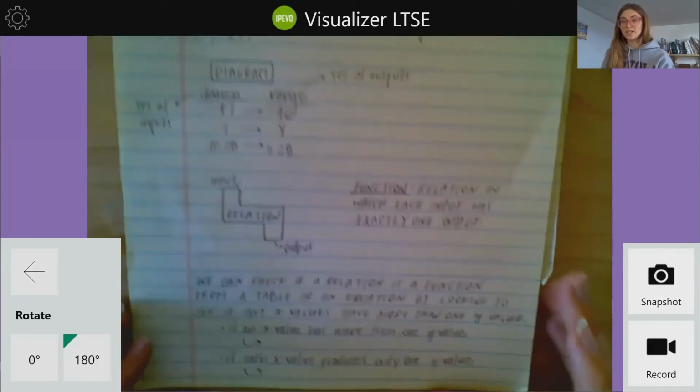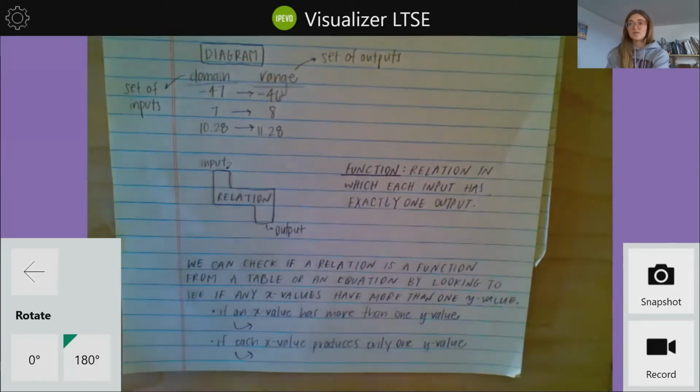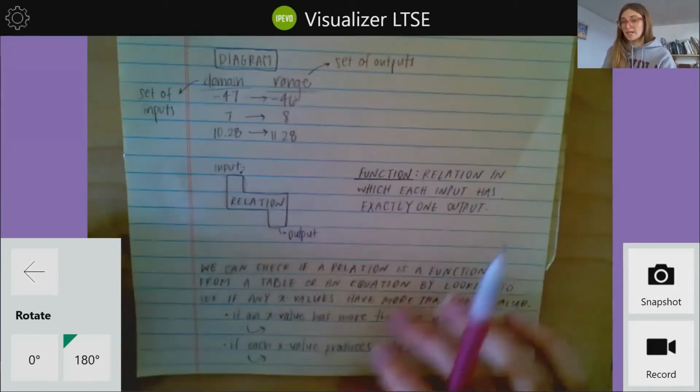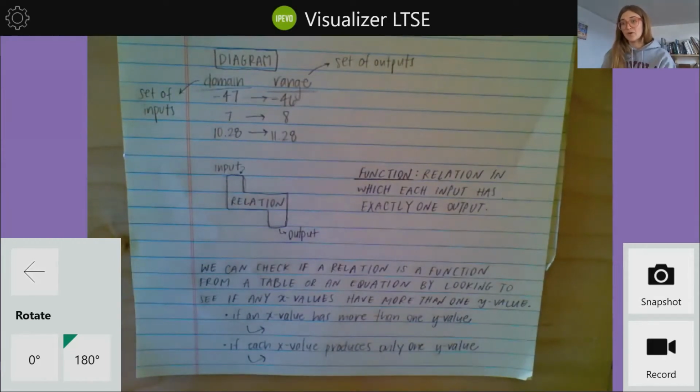So we can check to see if a relation is a function from our table or from an equation by just checking to see if any x values have more than one y value.